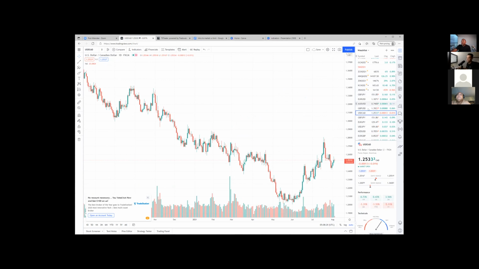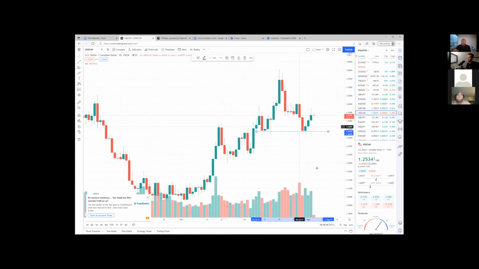Say right here, this USD CAD setup. I see this is a daily bar, and say I use levels. I want to buy off of this support, right? Let me zoom in. Okay, cool. If your strategy is trying to get in closest to this bar as possible, it'd be best to do a limit order because you can get the price.